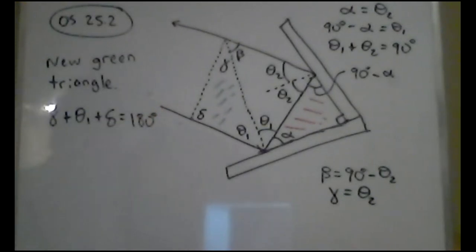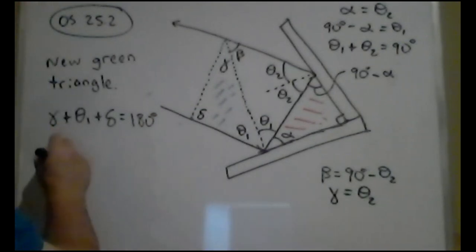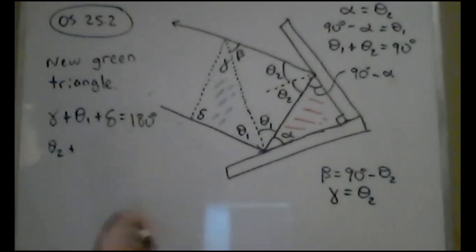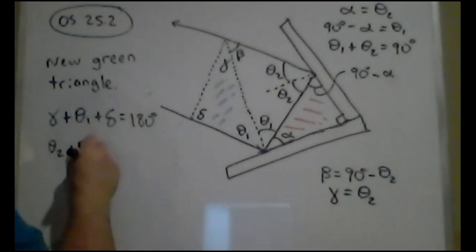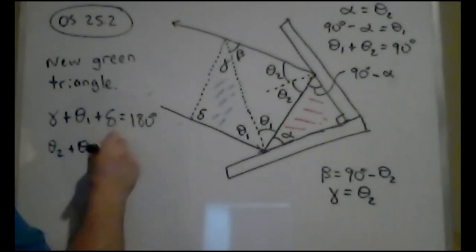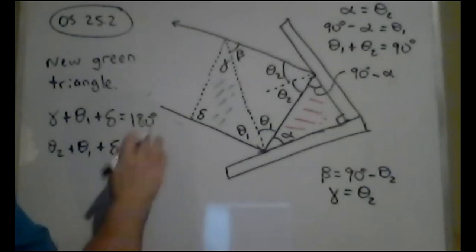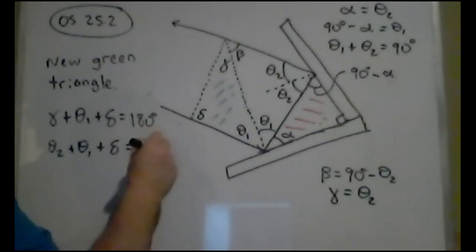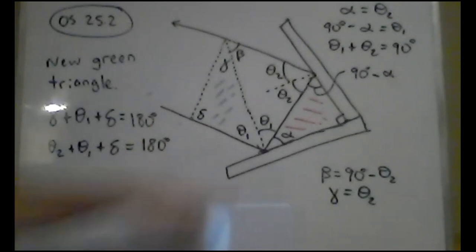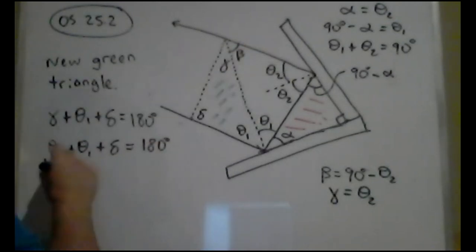Okay, so what do I know? I know about gamma. Gamma is theta 2. So theta 1 plus theta 2 plus delta is 180 degrees. Theta 1 plus theta 2, oh, that's 90 degrees.